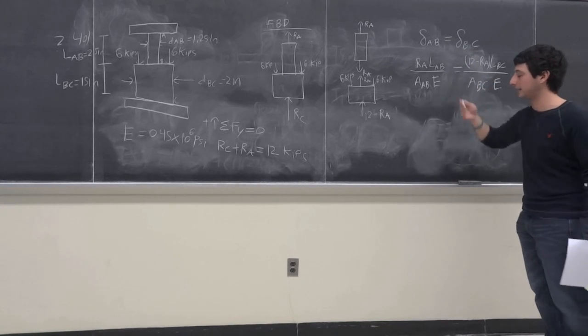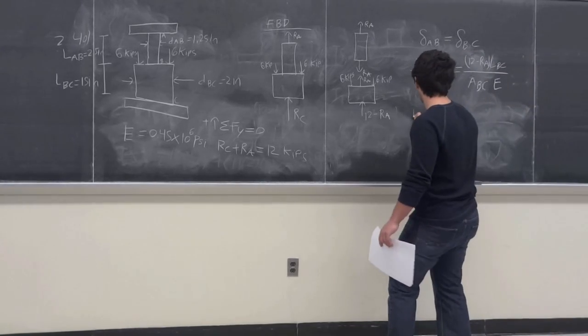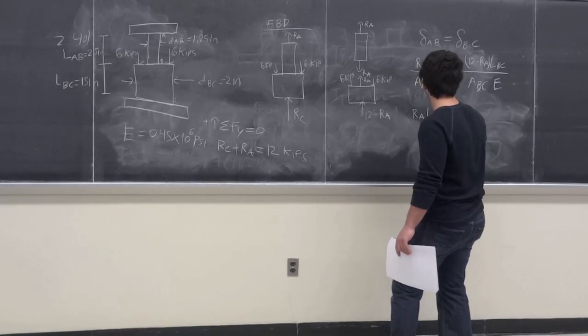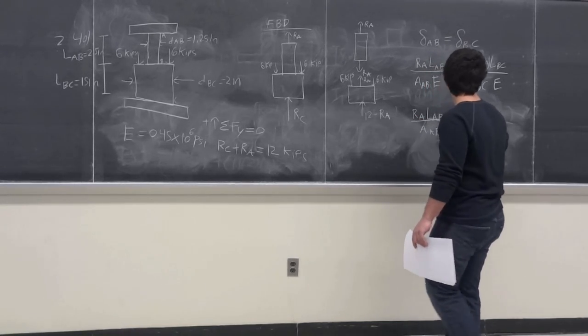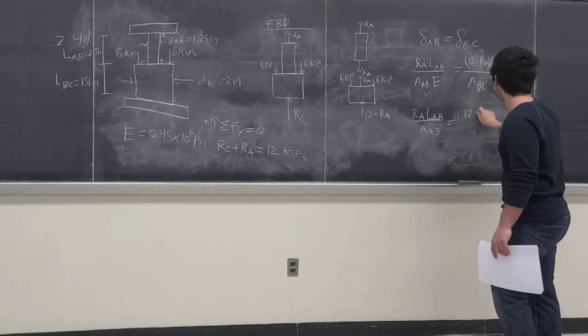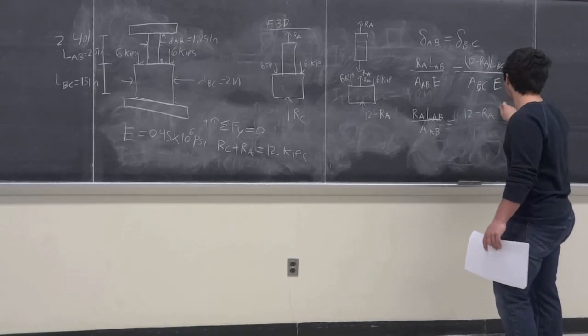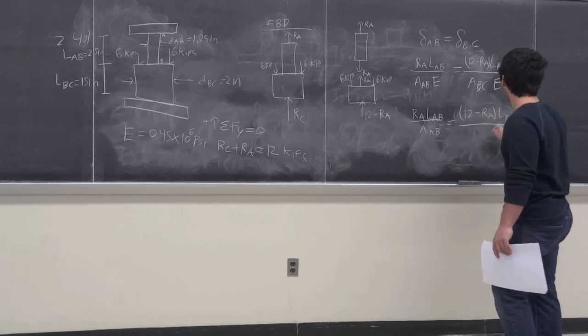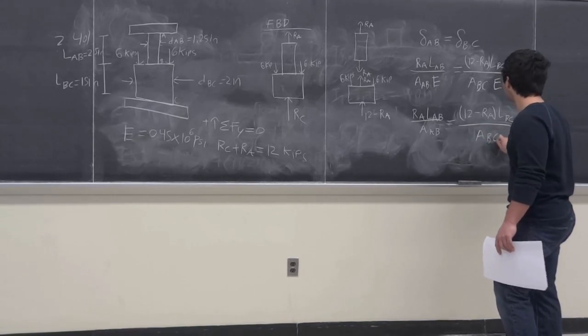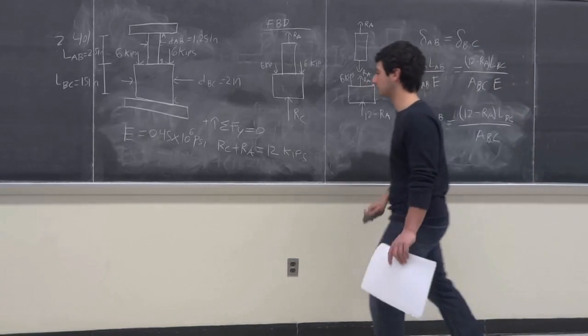If you move this over here, they cancel. All right, so you get RA times LAB over AAB is equal to 12 minus RA, this is just algebra, multiplied by LBC over ABC, right? Because the Young's modulus cancels.